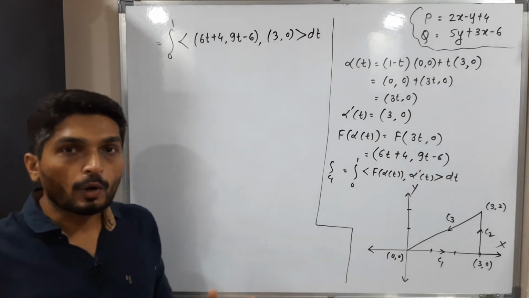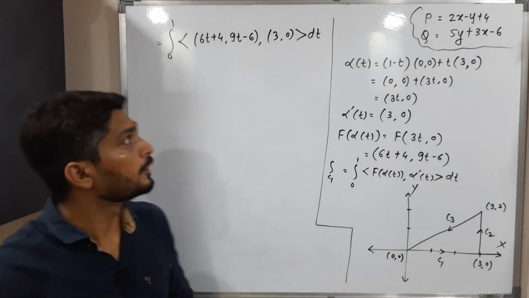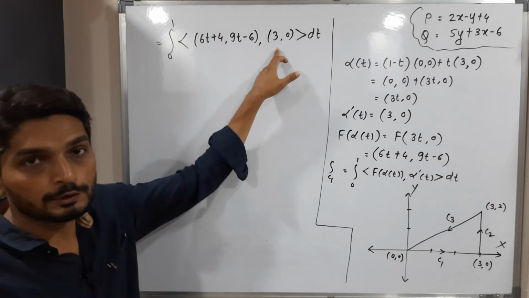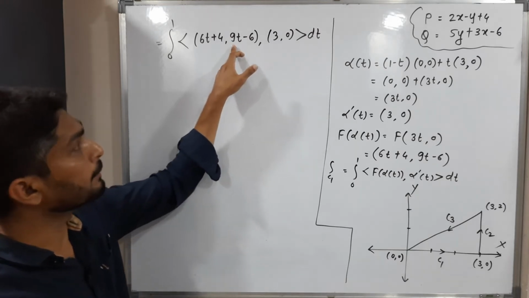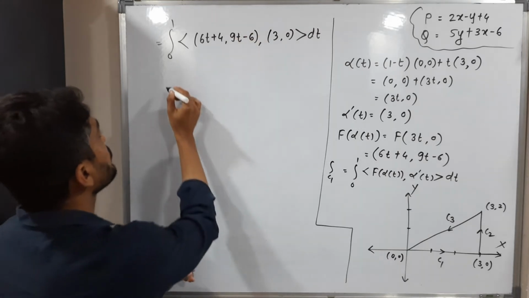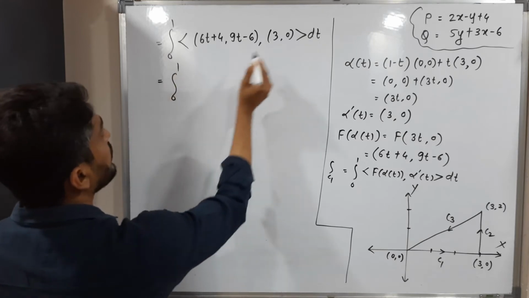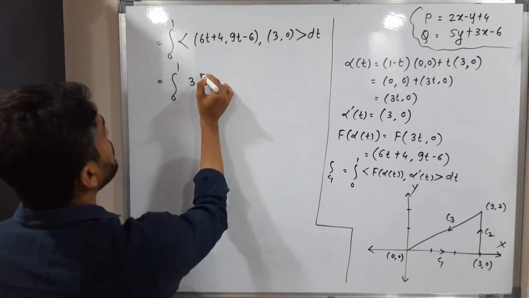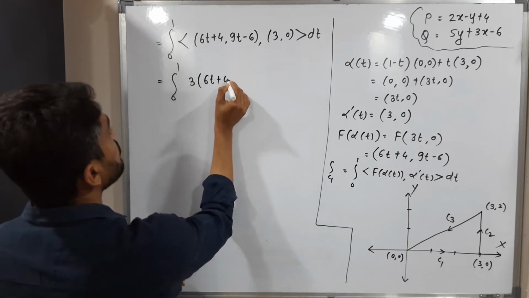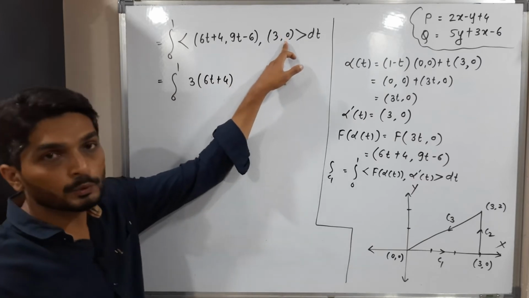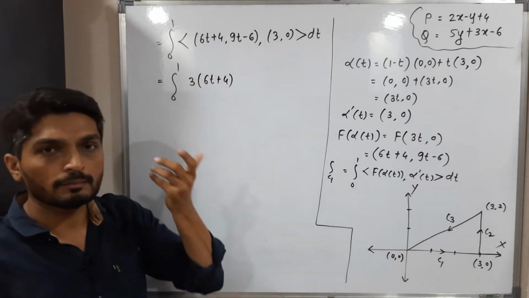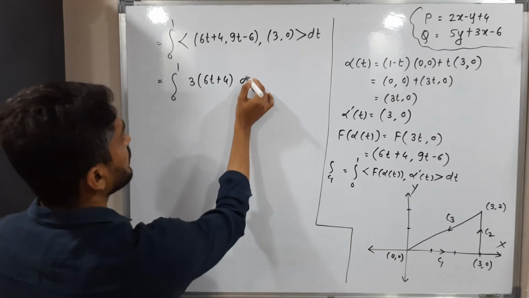So I hope you know how to find the value of an inner product. First component into first component plus second component into second component. Let us do that. Integration 0 to 1, 3 into the first component 6t plus 4, and the second component is 0. 0 into anything is 0, no need to write anything, dt.